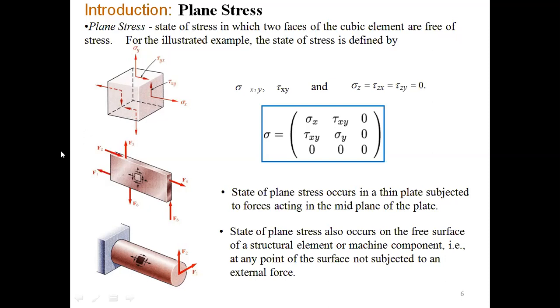If you look at the cube in this direction, we would just see a square, and on that square you could see this loading, this loading, this loading, this loading, and these shear loadings. So this is now a pure two-dimensional problem.